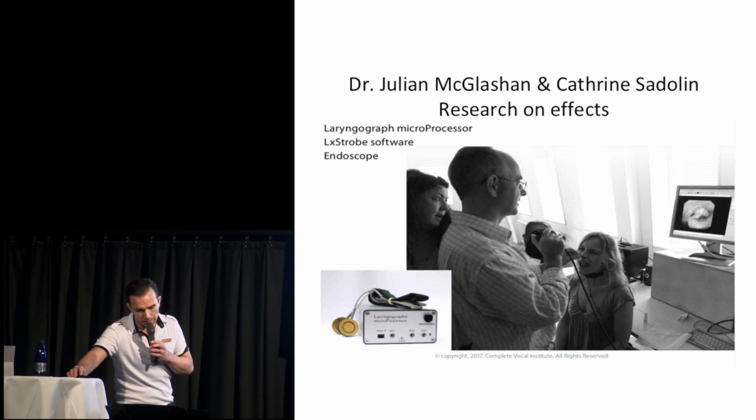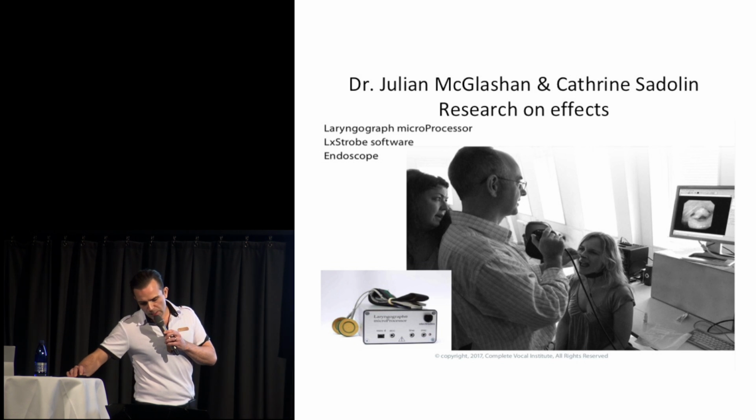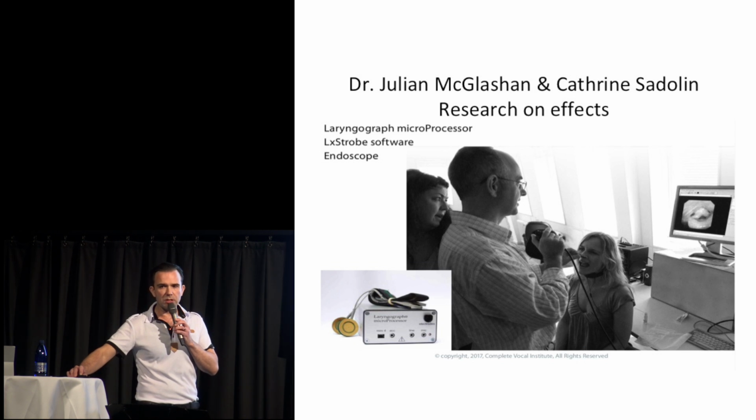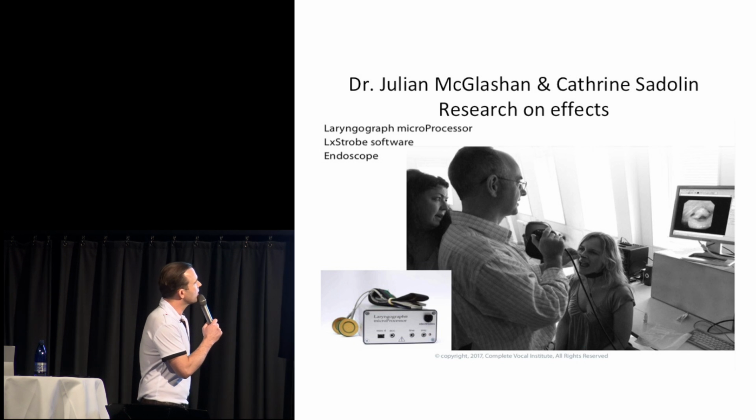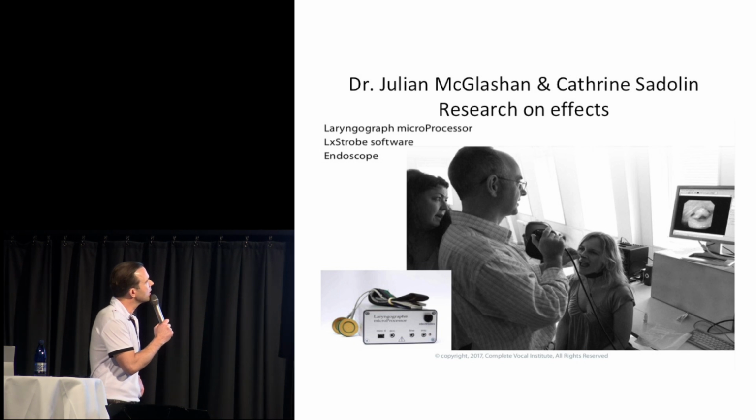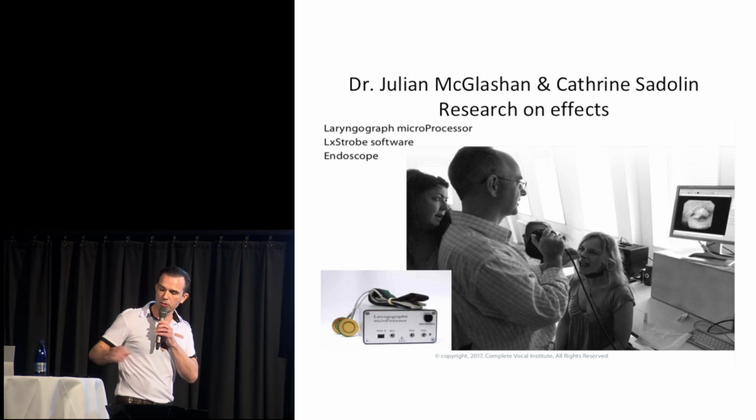Today I will show you, among other things, some footage from a couple of the mentioned studies, to enable a view of the laryngeal gestures present when performing the effects. Among other things, we've used a laryngograph microprocessor, electro software, and an endoscope.